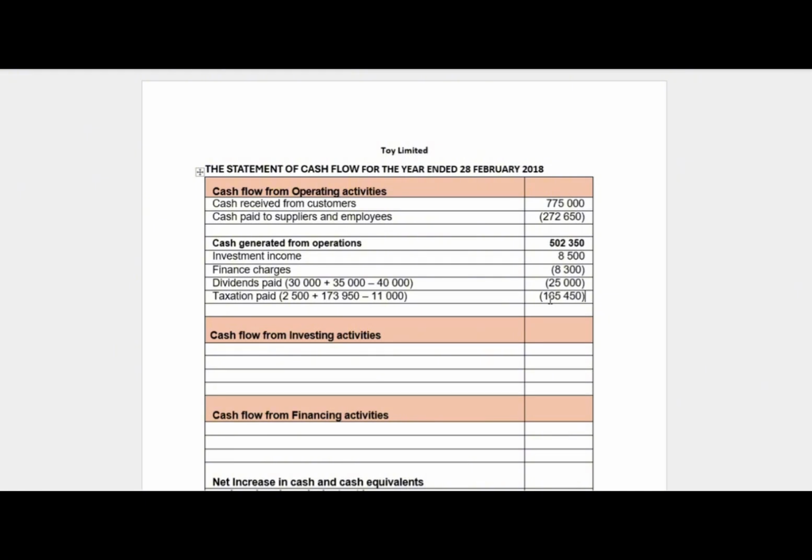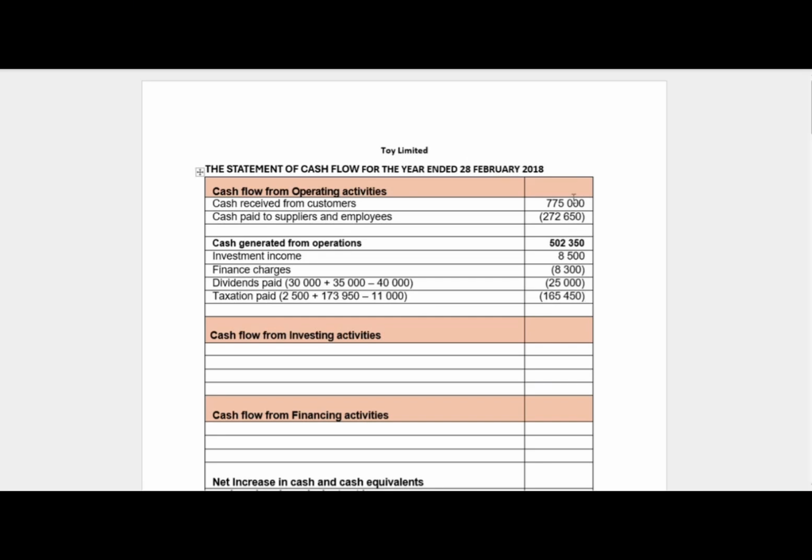We subtract our dividends paid of 25,000, and then taxation paid of 165,450.